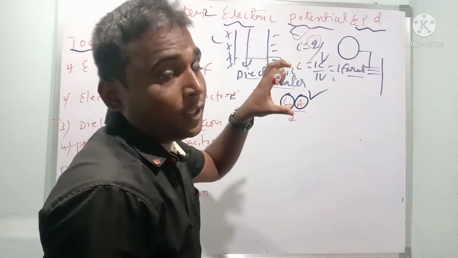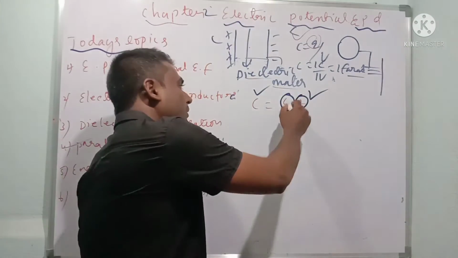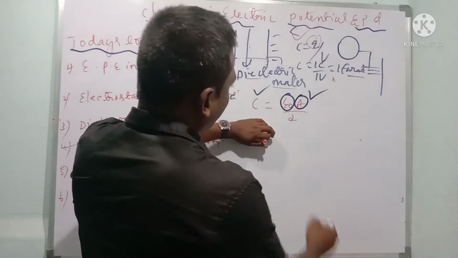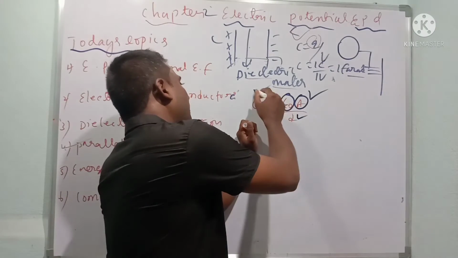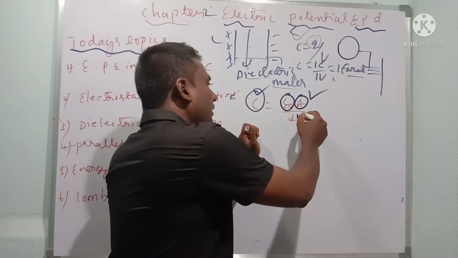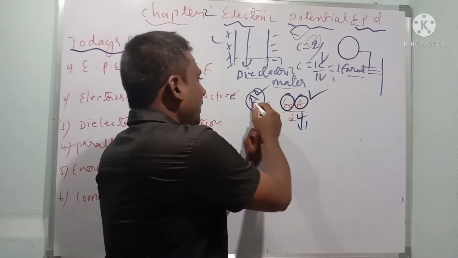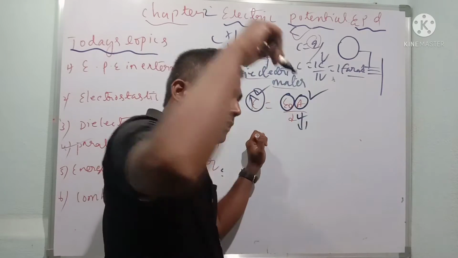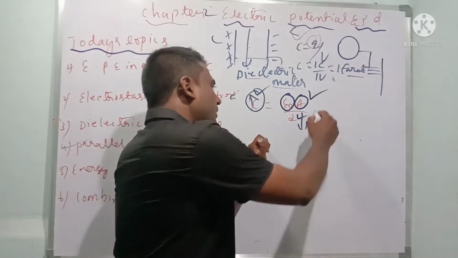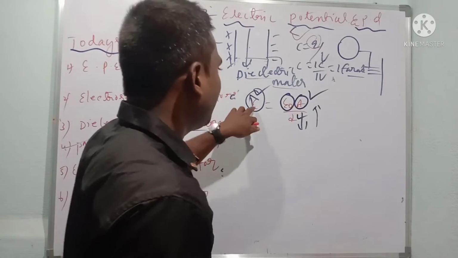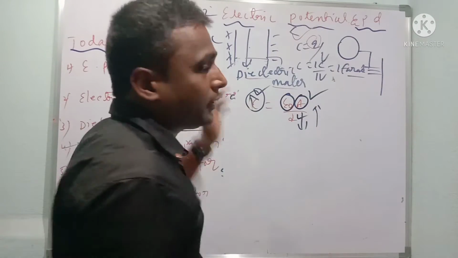Very important: we can increase the capacitance by increasing the area. It is directly proportional to area and inversely proportional to distance. If distance decreases, capacitance will increase. Remember, very important. Dear children, the capacitance of the capacitor depends upon three things.